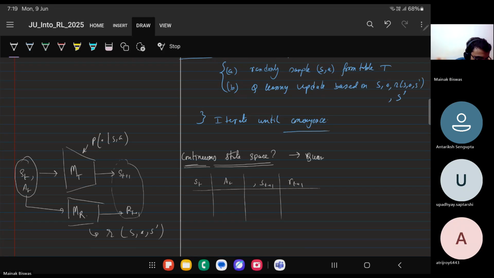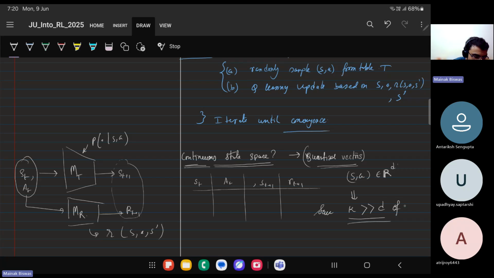So say you have 10 quantized, 100 quantized, 1000 quantized vectors for the state and action pair. So say this S comma A could be some R100, say R^D space, and you save K vectors, with K much greater than the dimension.